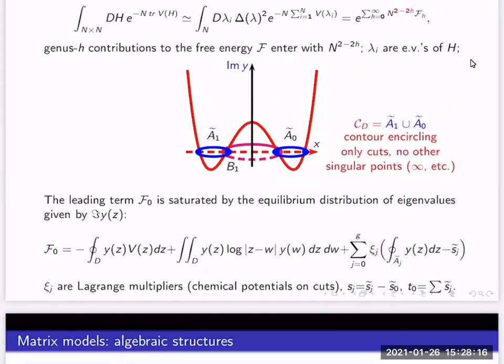If I come back to this picture, the actual result of integration for the actual matrix model that we know will not be just a single expression, but a weighted sum of these expressions.